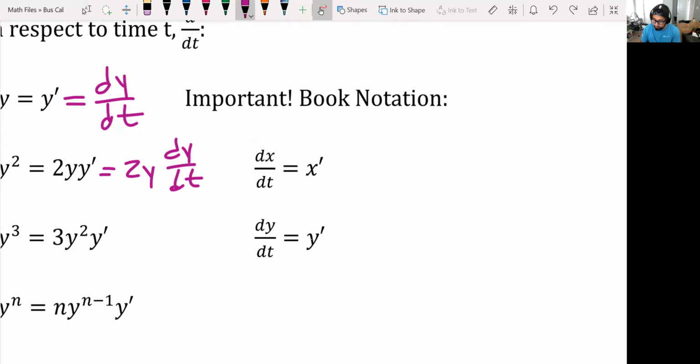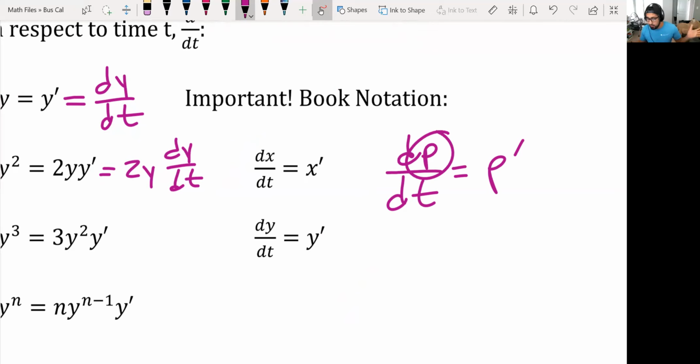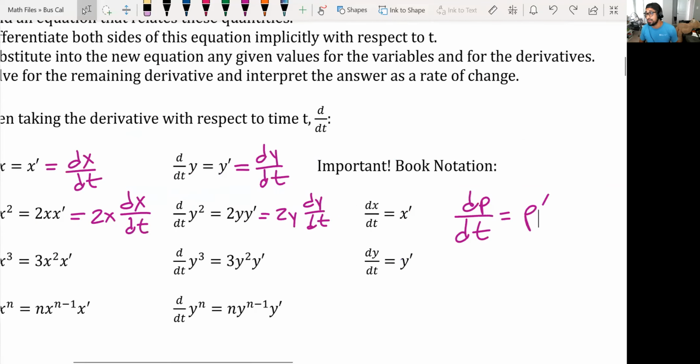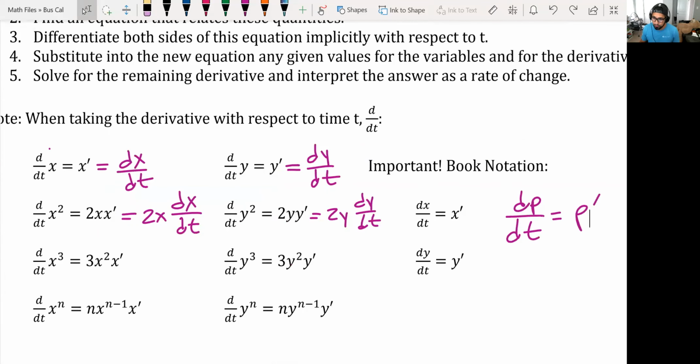If you see any other variable, like p, dp over dt is the same as p prime, and just replace p with any other variable: z, r, m, whatever. It's always going to be that variable primed. So again, I use the prime notation because it keeps it simple and less complicated to look at.